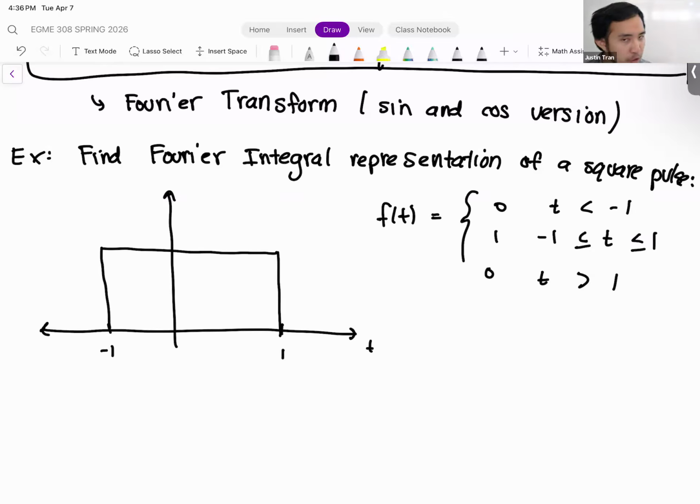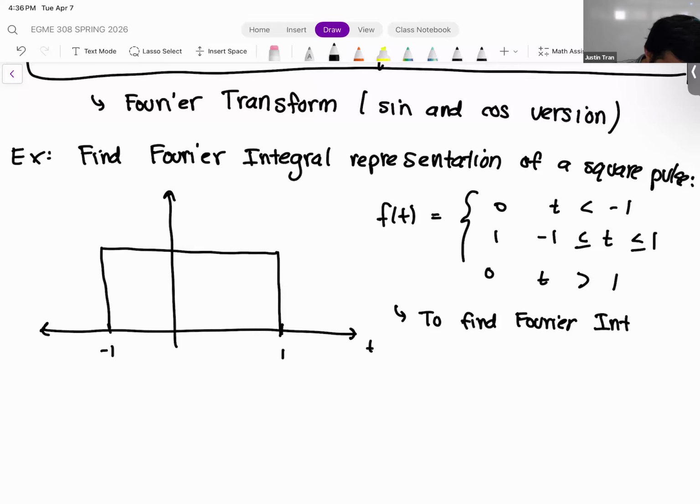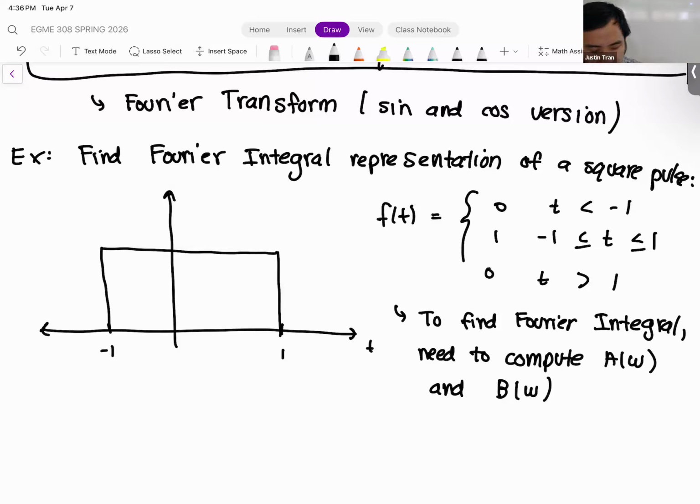Essentially that means we first need to compute A of omega and B of omega. And then once we compute A of omega and B of omega, we're going to plug that into the integral representation.